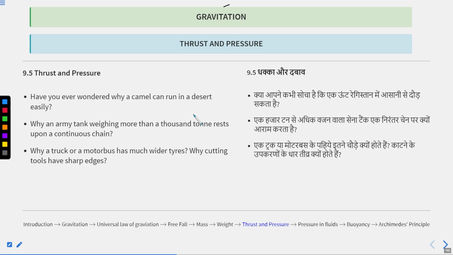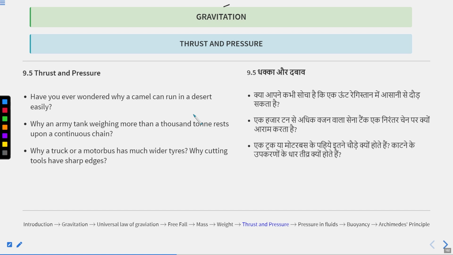So why do we use that chain system instead of tires? Why does a truck or motor bus have much wider tires in comparison to your cycle tire? Cycle tires are very thin, whereas the tires of a bus or a truck are very wide.